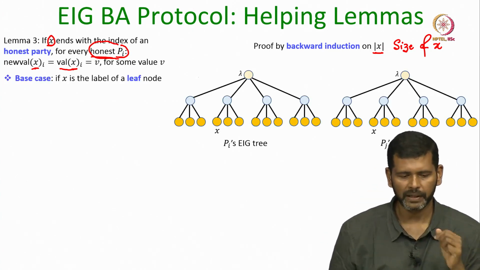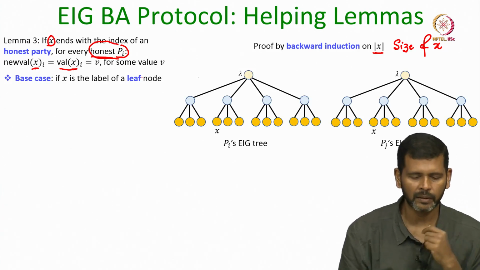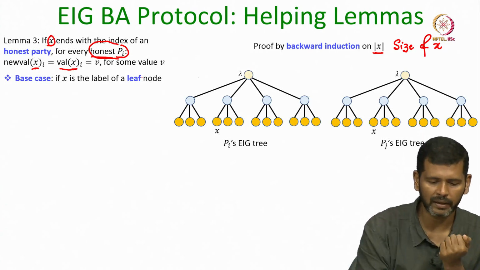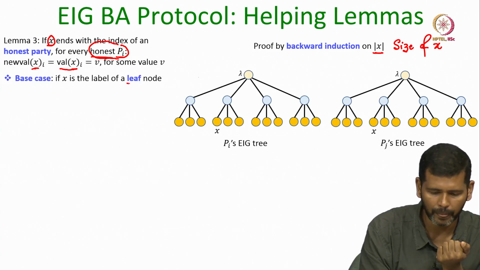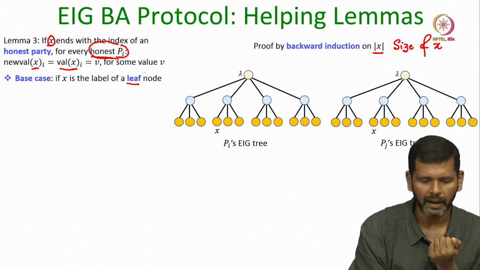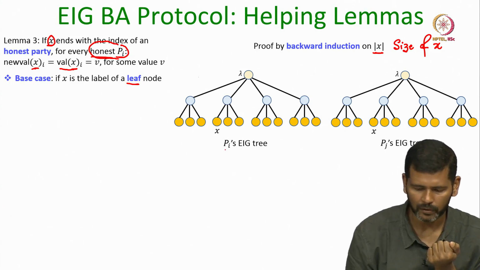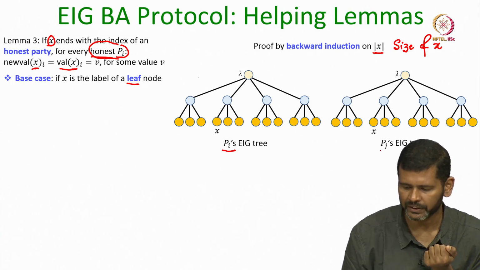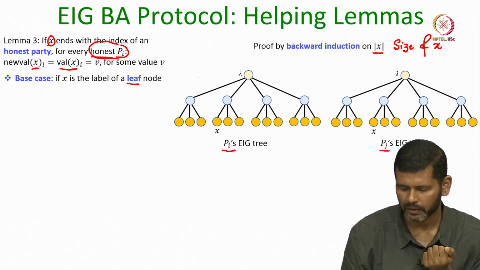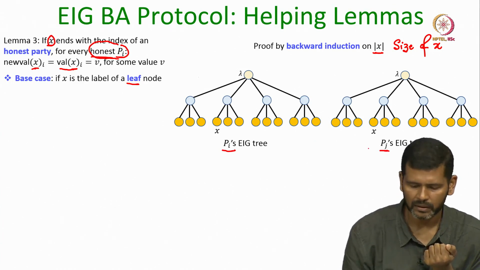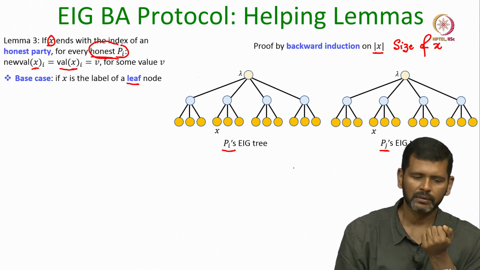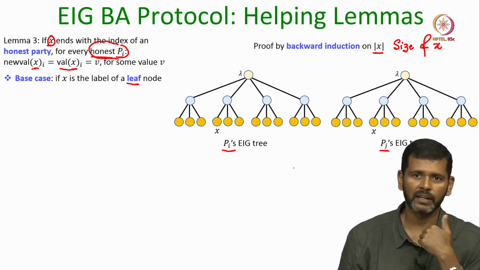Okay. So, our base case will be when x is the label of a leaf node. So, assume that x is a leaf node and it ends with the index of an honest party. We want to prove that across all the copies of EIG trees corresponding to the honest parties, the new value which is assigned to x will be the same as the old value.